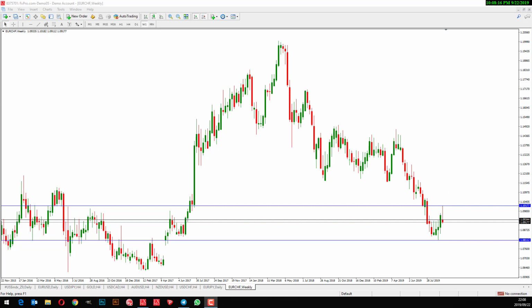1.08112. Right, now that we have come to a decision that price is hovering in a strong demand zone from a monthly point of view, and on the weekly we have seen price rejecting higher prices back into the demand zone, right?